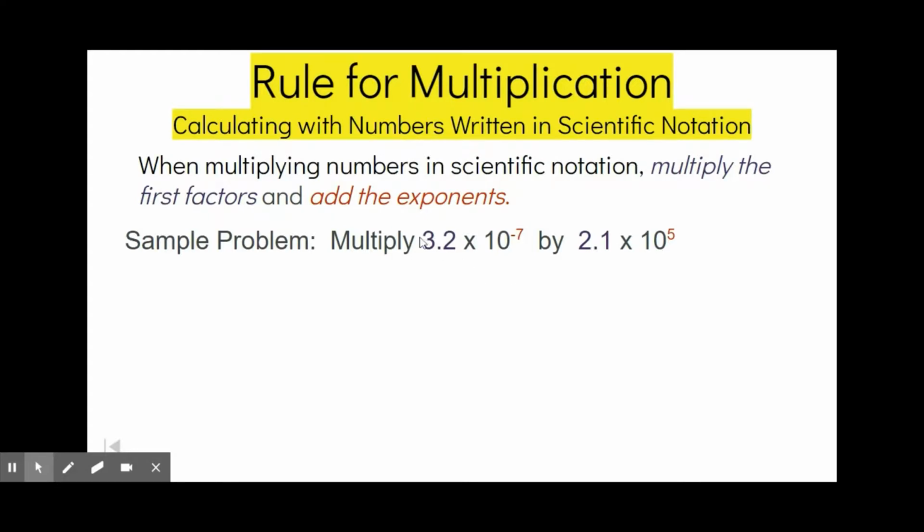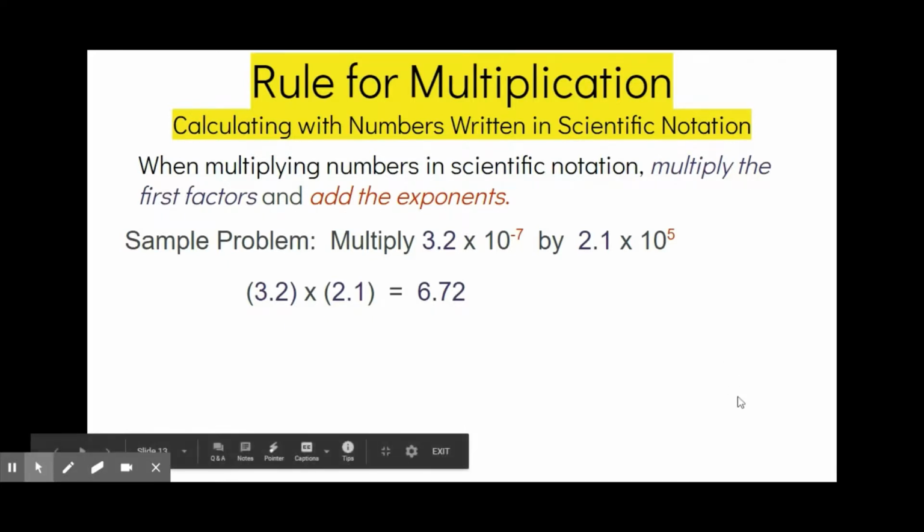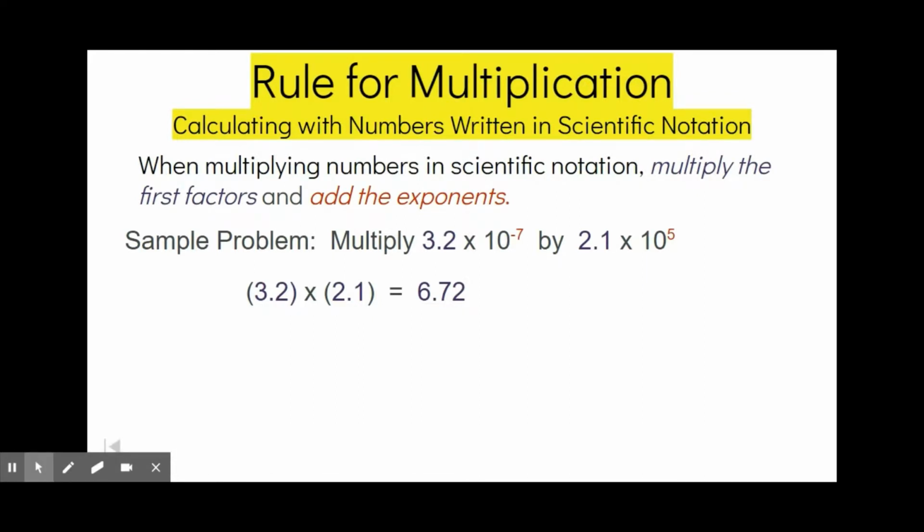What we're going to do is multiply the first factors, the 3.2 and the 2.1, and we'll add the exponents, the negative 7 and the 5. So that will look like this. 3.2 times 2.1 will give us 6.72, and negative 7 plus a positive 5 will give us negative 2.